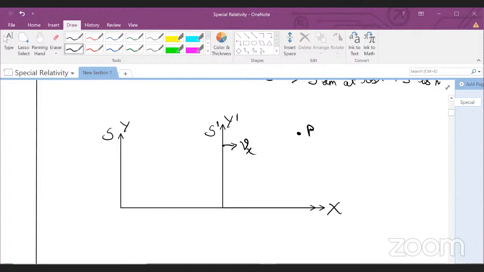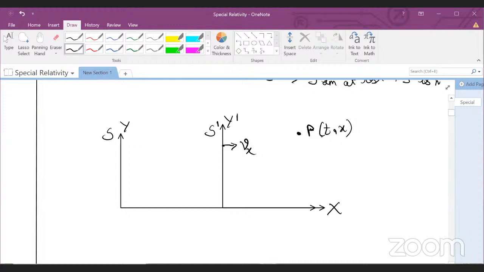According to the S frame, the person who is at rest, the event is at t comma x. It's happening at some time t and at some location x. Here y and z are not changing, so I won't bother to mention them, but time and position are considered. So the point P according to S frame is at a location x and at some time t.